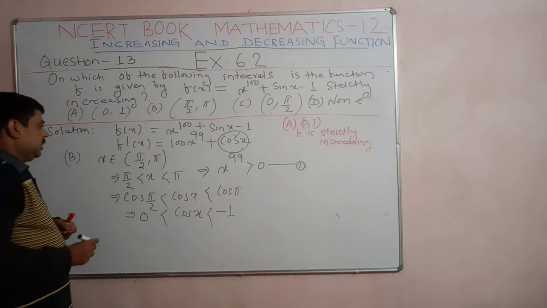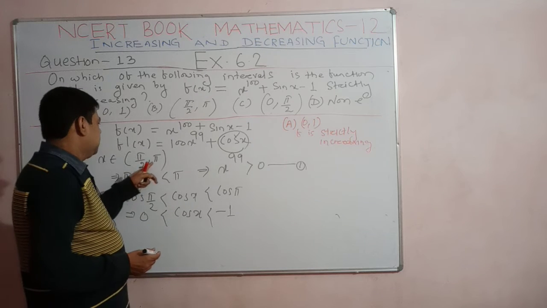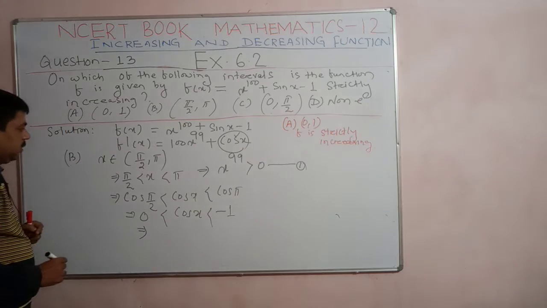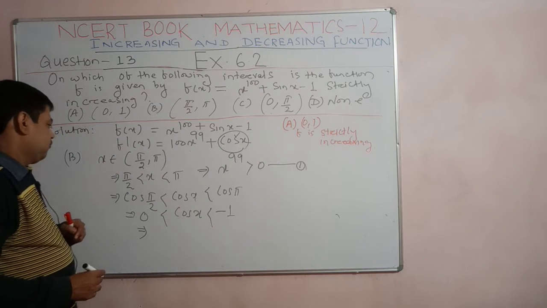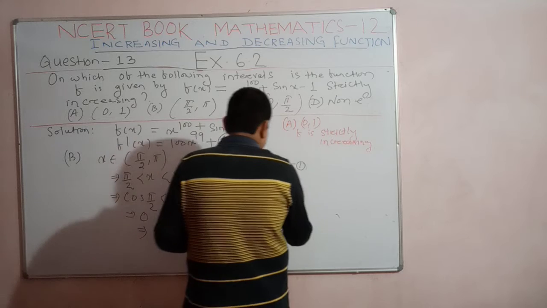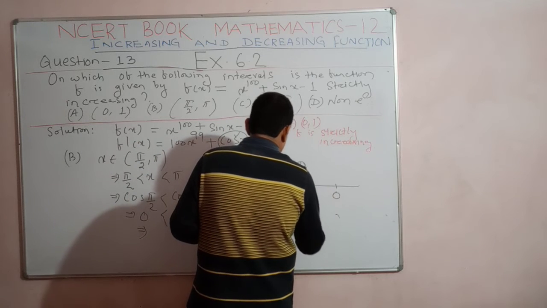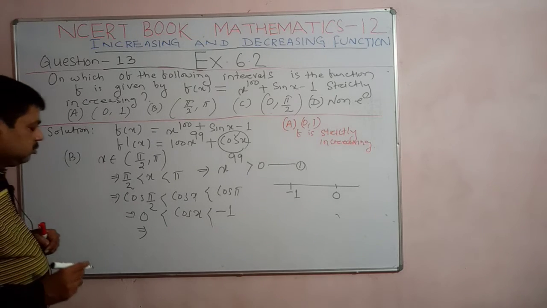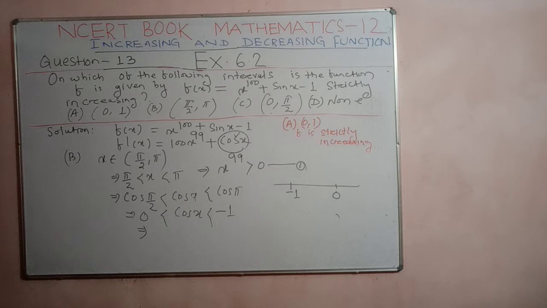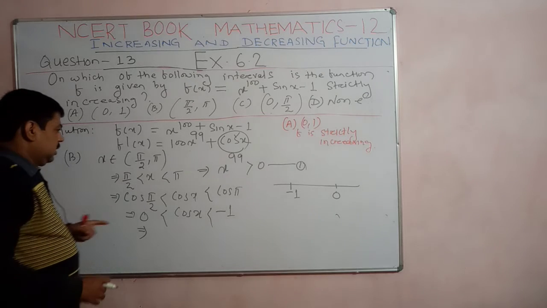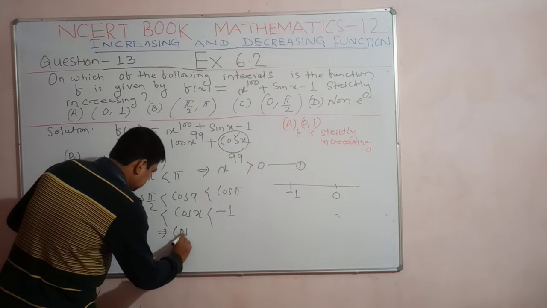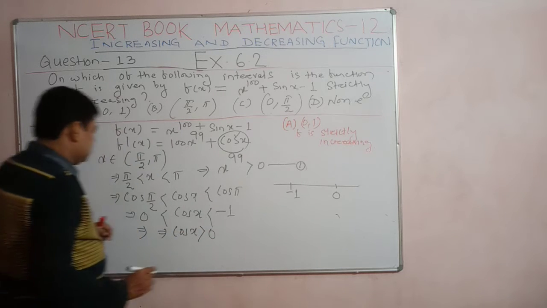So in the interval pi by 2 to pi, cos x lies between 0 and minus 1.